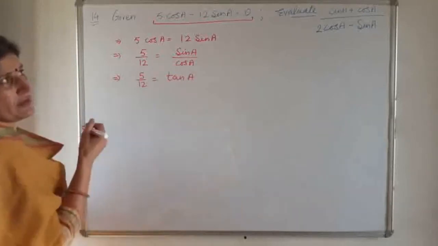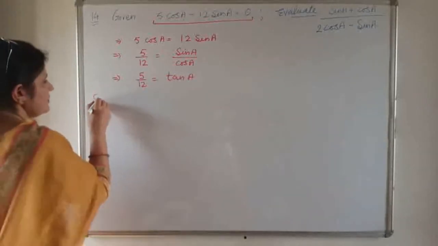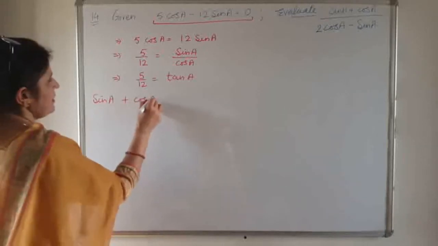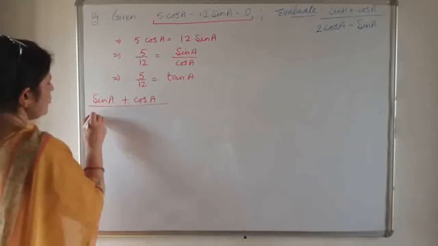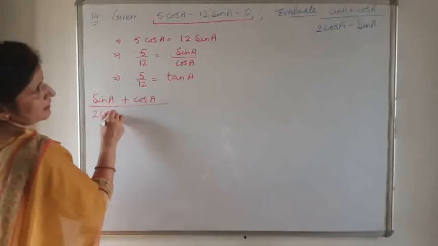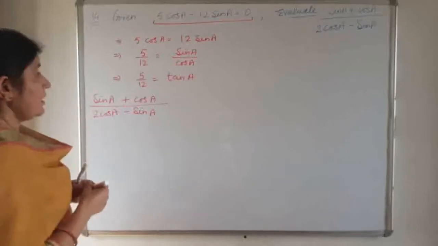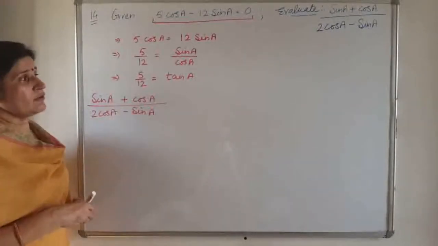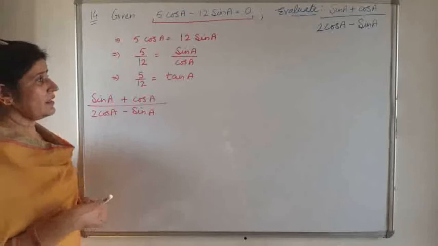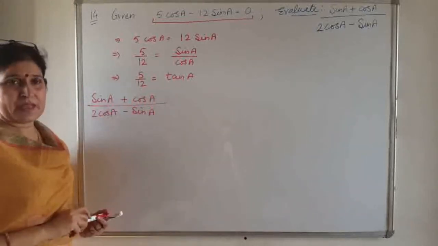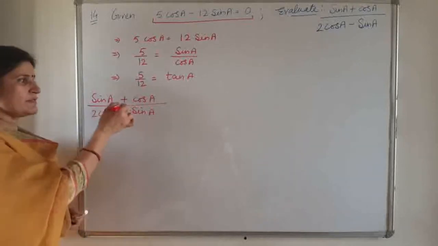Now, you have to evaluate the value of (sin A plus cos A) upon (2 cos A minus sin A). See, there are two methods. You take any right angle triangle and calculate the sides by using tan A, and then find out sin A, cos A and substitute.